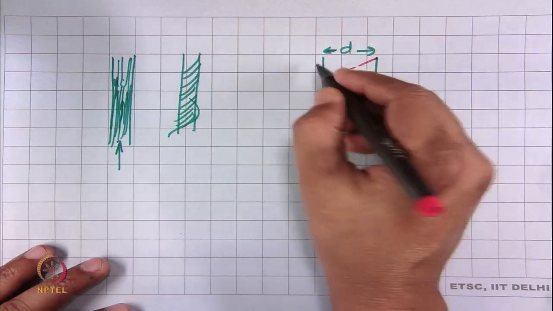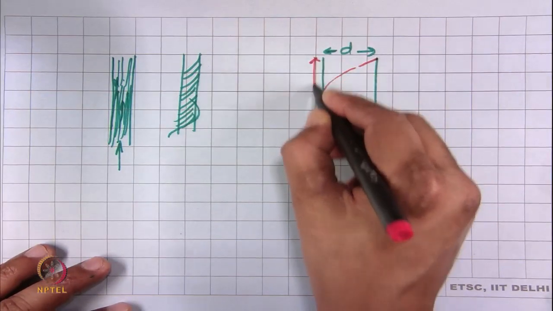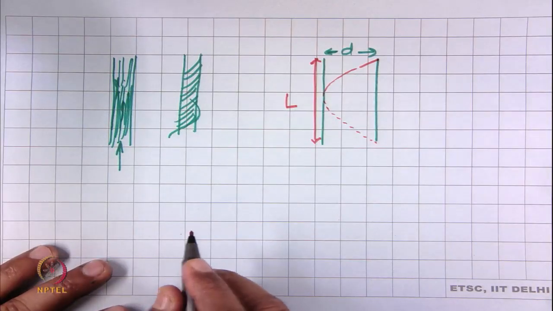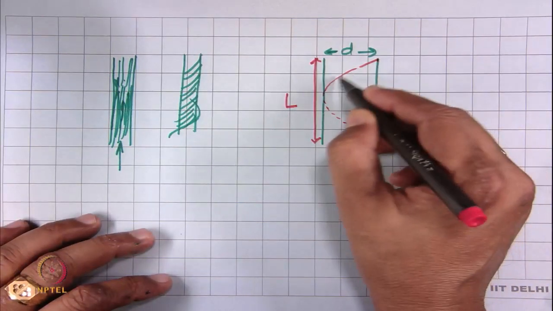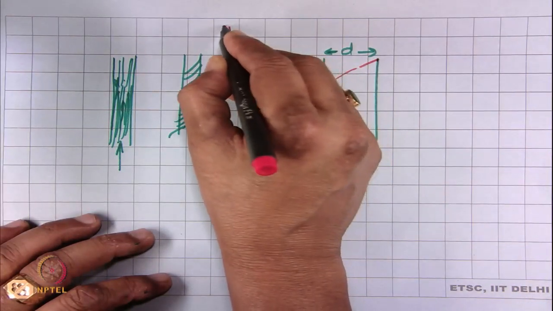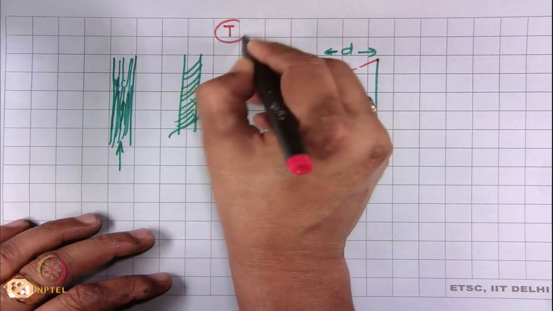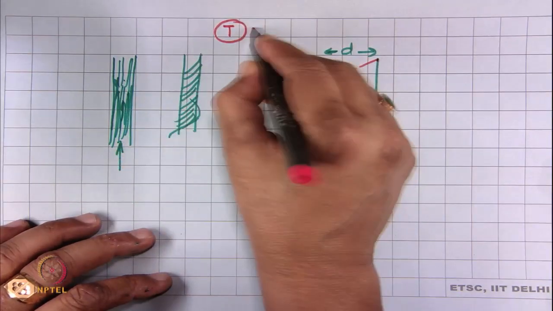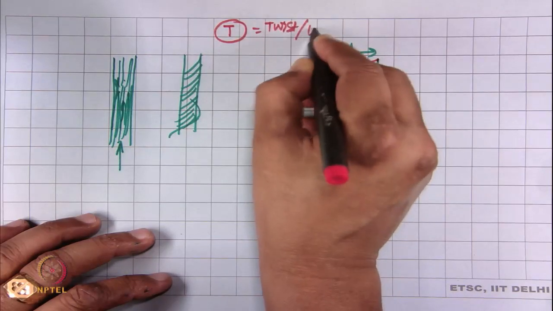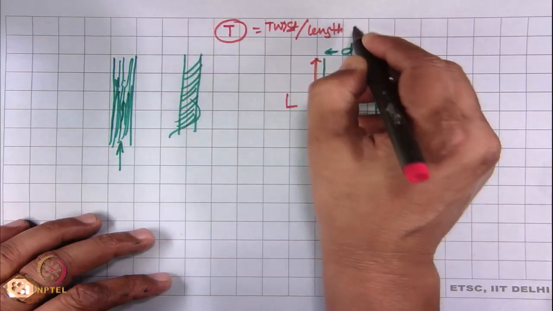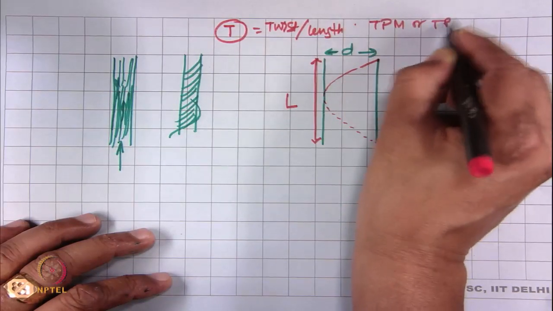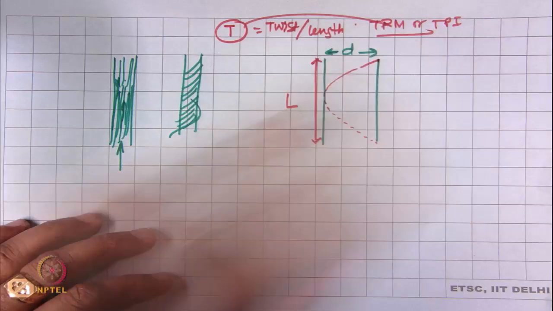Now, this length, suppose it is L length. Once it is twisted, this is one. Now, if the twist per unit length is T, as we have mentioned TPM or TPI, this is the T. Okay.